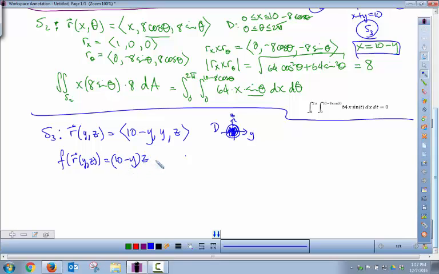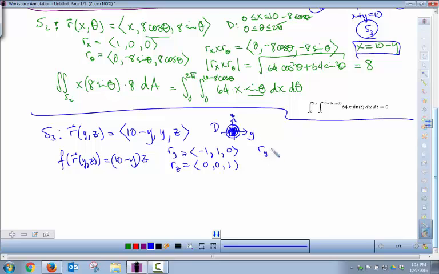That's my x and z. And now, it didn't all go to 0 like last time, so I'm going to need to figure out what r sub y and r sub z are equal to, and then cross them. With respect to y, I have negative 1, 1, 0. With respect to z, I have 0, 0, 1.